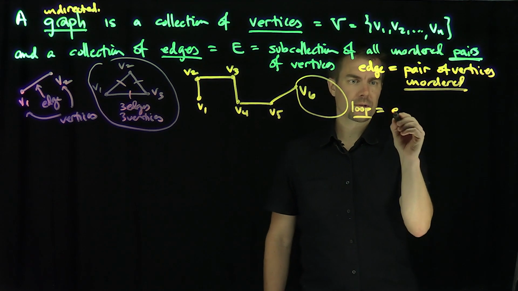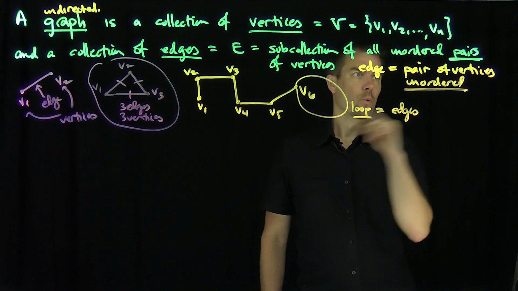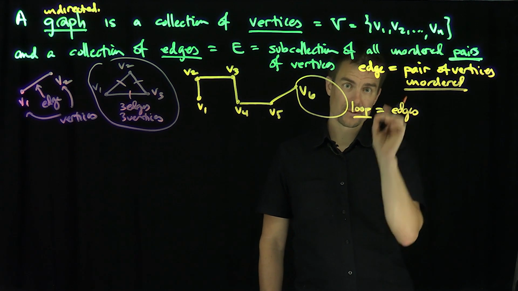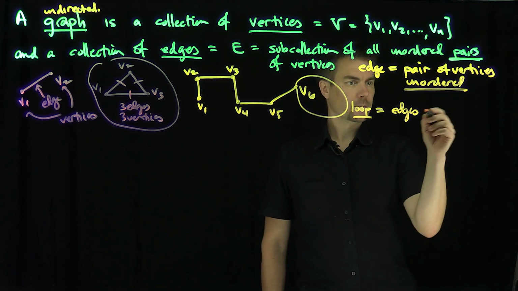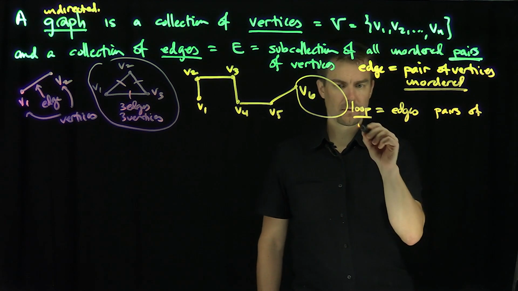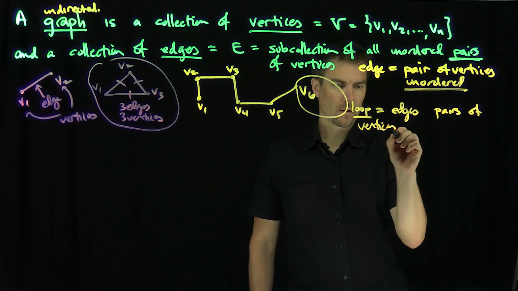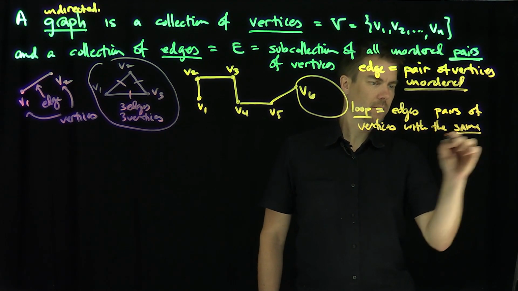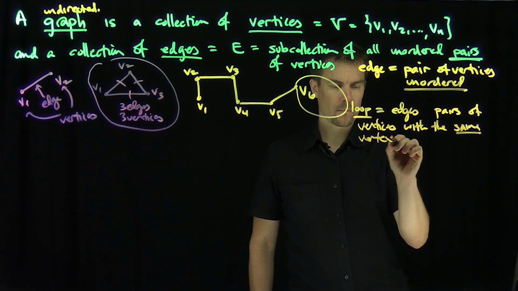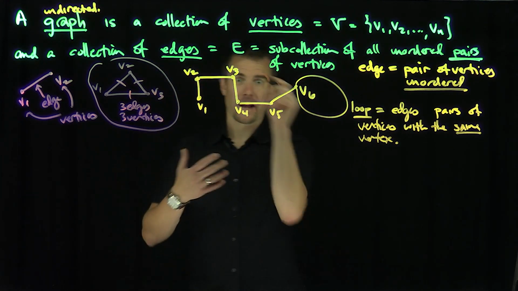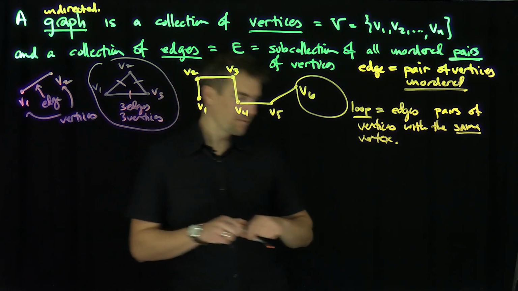Loops are edges where the pair of vertices consists of the same vertex, right? These are pairs of vertices with the same vertex. Okay? And so loops can be fun. I can put lots of loops in these things. That's another example of a graph.